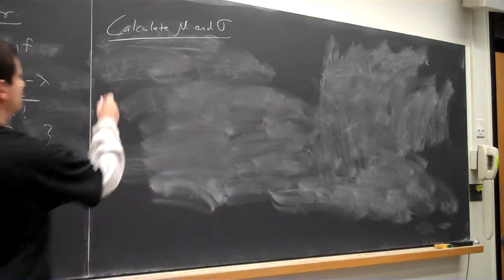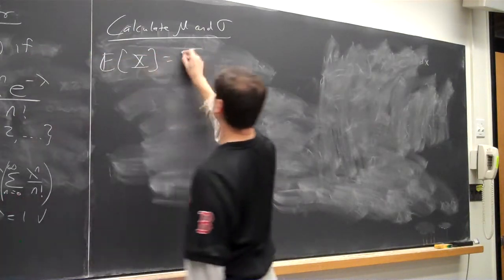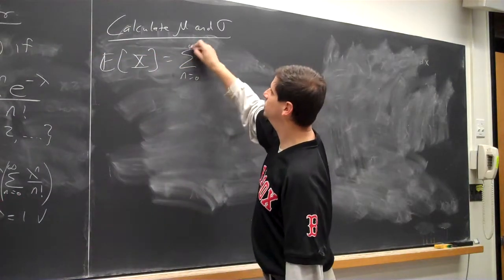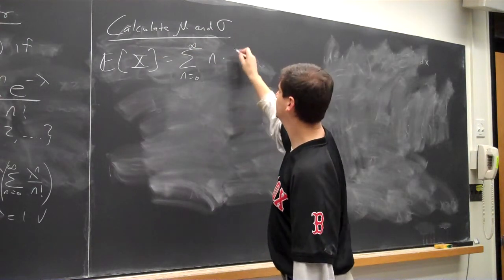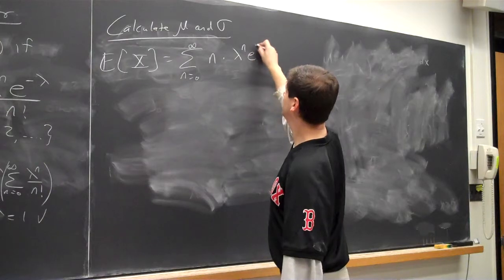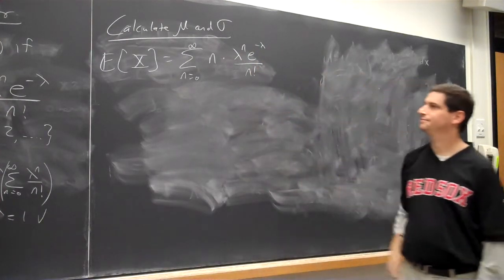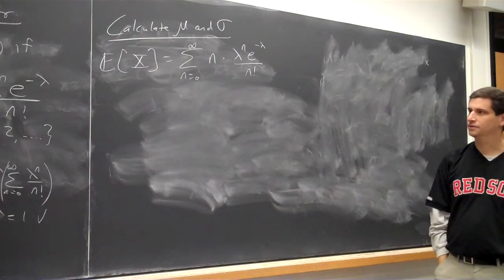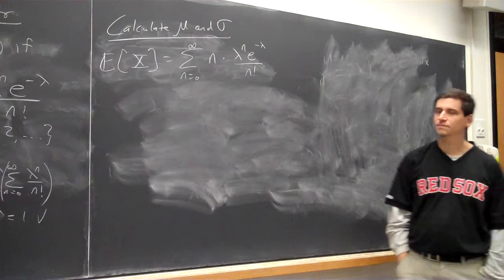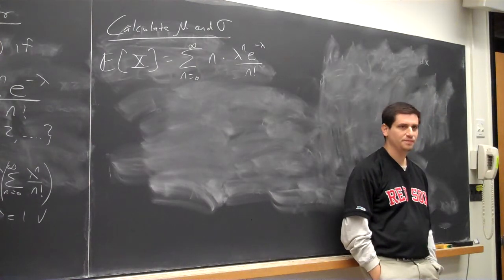Okay. So we want to calculate the expected value of x. So this is the sum, n goes from 0 to infinity, of n times lambda to the n e to the minus lambda over n factorial. So the question is, how should we approach this? Any thoughts?